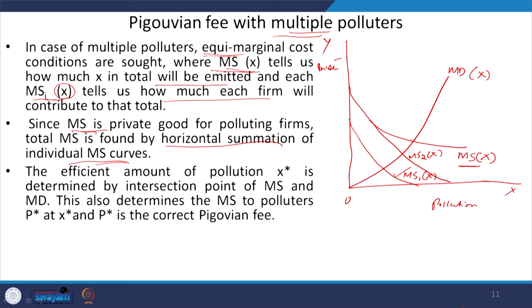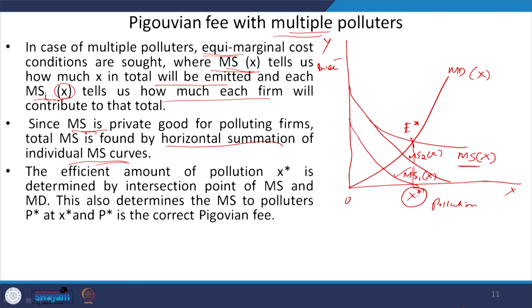So, this is the point, let us say it is A star, and there we are finding this is X star, right. This is the efficient amount of pollution.